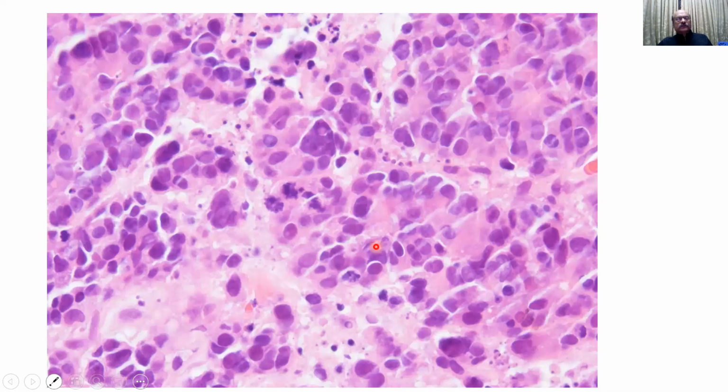Here there is marked pleomorphism, extensive pleomorphism. There are atypical mitoses and individual cell necrosis. So it is somewhat unusual for usual prostatic adenocarcinoma.